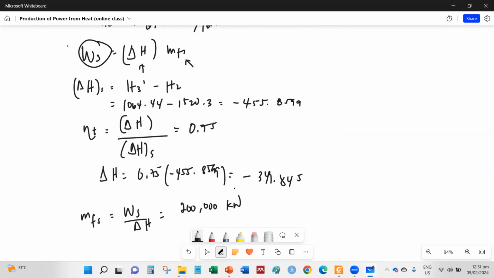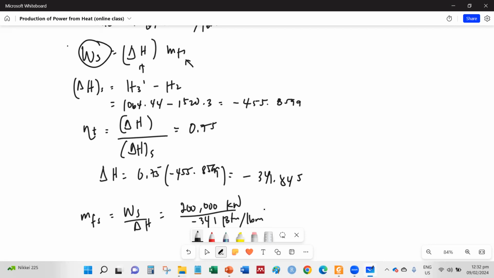kilowatts, which is given, divided by negative 341.845 BTU per pound mass.